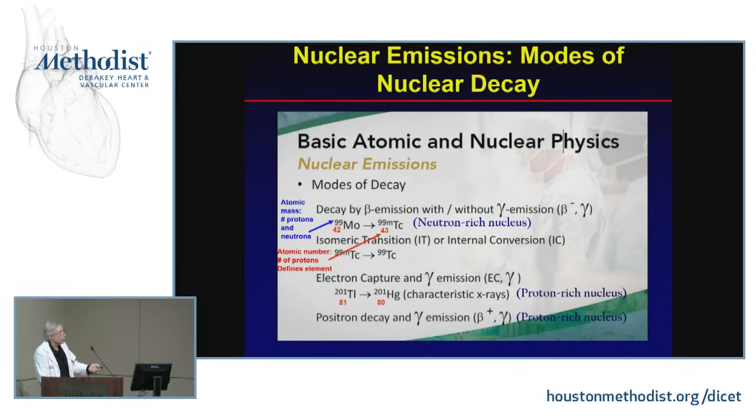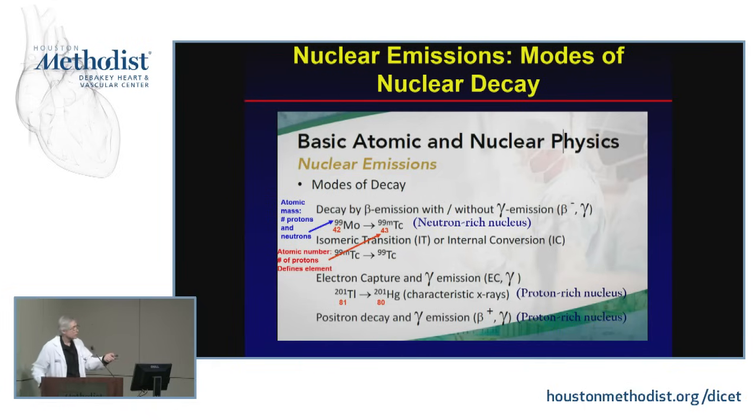Because you can convert a neutron to a proton. And you have to remember, this is atomic number. Atomic number is always the bottom number here. Mass number is the number of protons and neutrons. Atomic number is the number of protons, and that defines an element. So, for instance, molybdenum goes to technetium. It doesn't change the atomic mass, but it changes the atomic number. You actually gain a proton because you get rid of one neutron by beta emission.